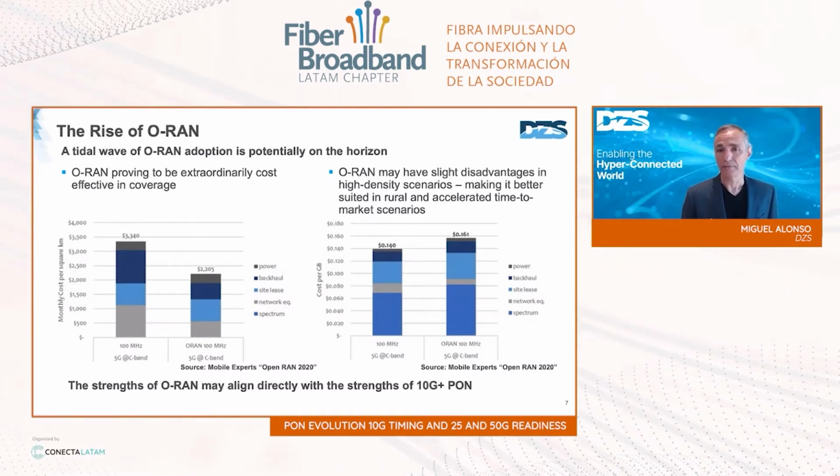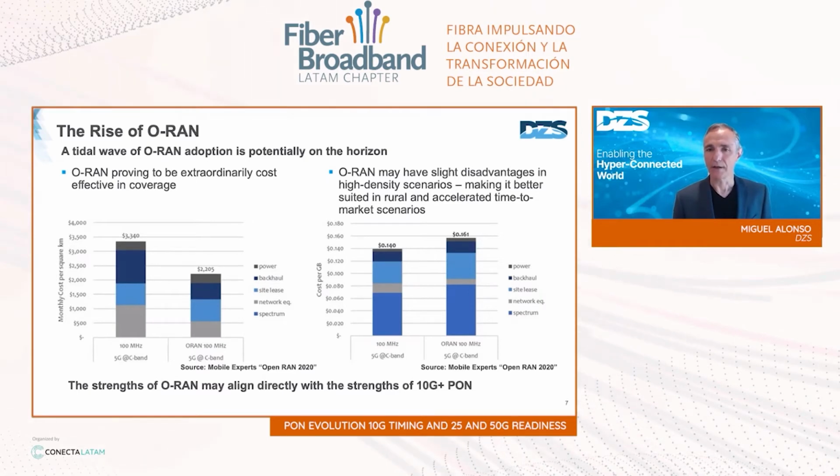This has the effect of enabling more operators to deploy more mobile networks at a lower cost. The chart on the right shows that this advantage of Open RAN-based networks is pronouncedly better when one looks at high-density scenarios or even rural deployments.